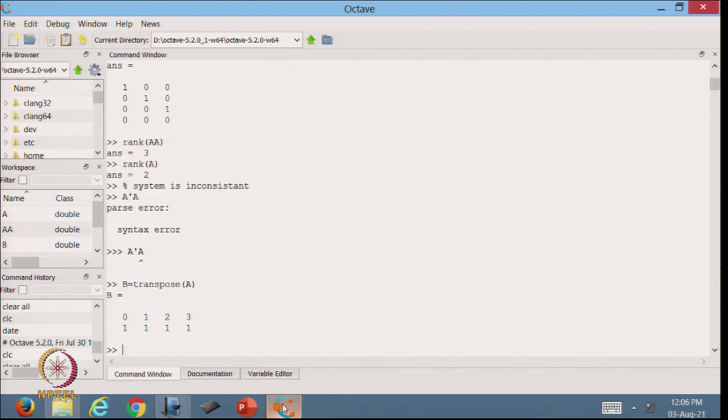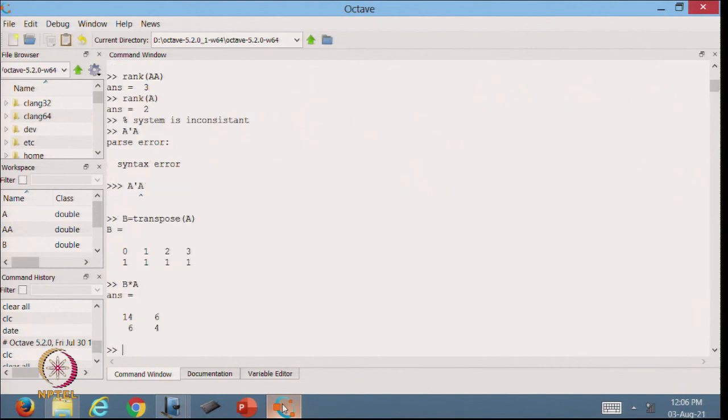So, it is a transpose of the matrix A, and I can write here B into A. Actually, I have not written the star here. So, no problem. This is my matrix, and I know that this matrix will be invertible.